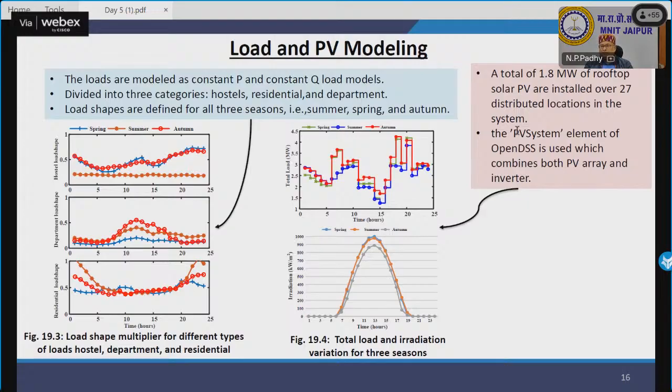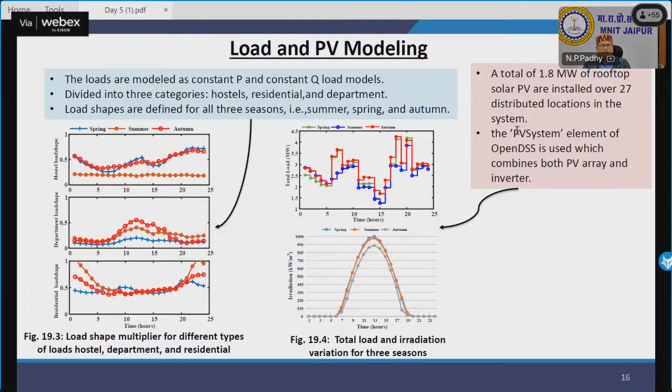So this is how load and PV modeling is being carried out. The loads are modeled as constant P and constant Q load models, divided into three categories: hostels, residential, and apartments. Load shapes are defined for all seasons, that is summer, spring, and autumn.